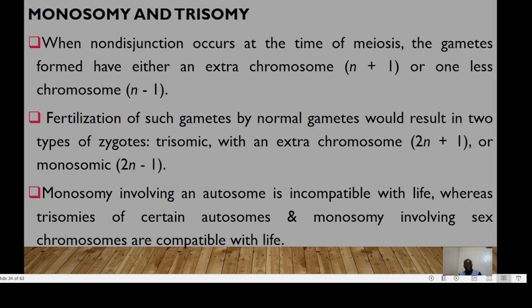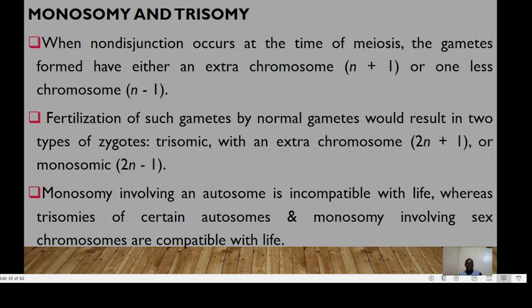Fertilization of such gametes by normal gametes would result in two types of zygotes: trisomy with an extra chromosome and monosomy with one less. Monosomy involving autosomes is incompatible with life, whereas trisomies of certain autosomes and monosomy involving sex chromosomes are compatible with life.